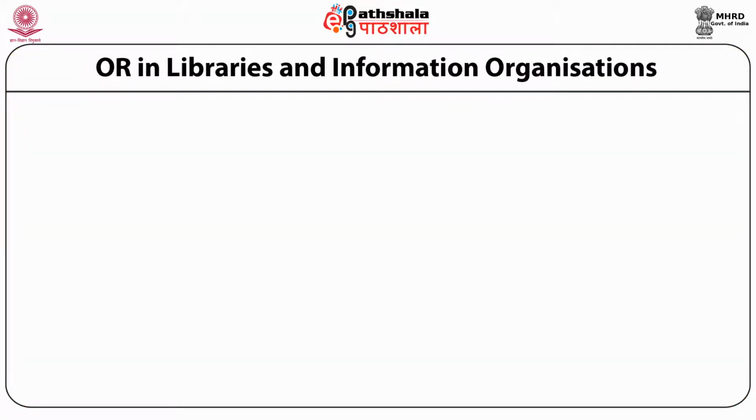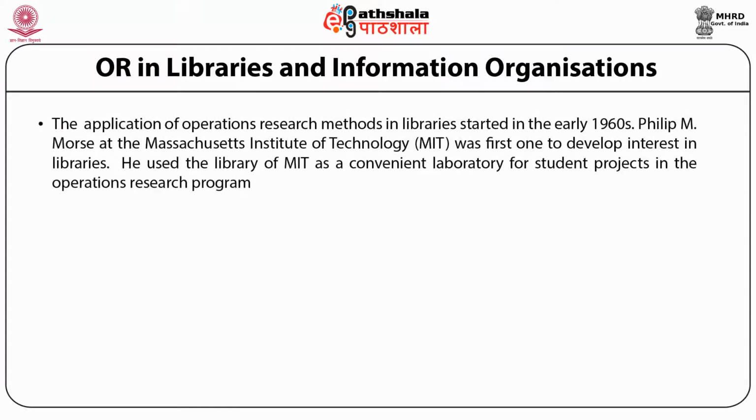OR in libraries and information organizations. Let us now take a look at how OR is applicable in library information organizations. The application of operations research methods in libraries started in the early 1960s. Philip M. Morse at the Massachusetts Institute of Technology, the famous MIT, was the first to develop interest in libraries.